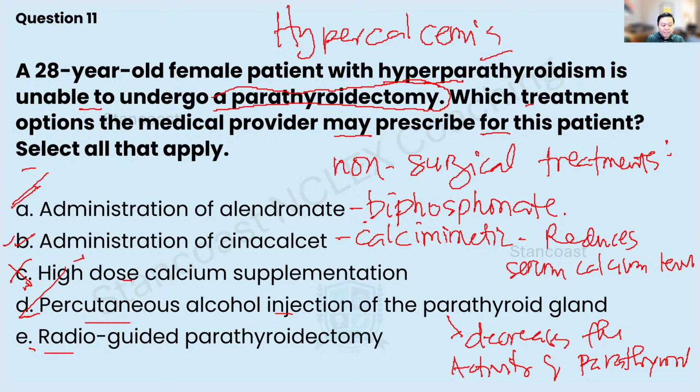So we are eliminating letter E. So back to our answers. We have letter A, we have letter B, and letter D as well. So these are appropriate non-surgical treatment for this patient with hyperparathyroidism.